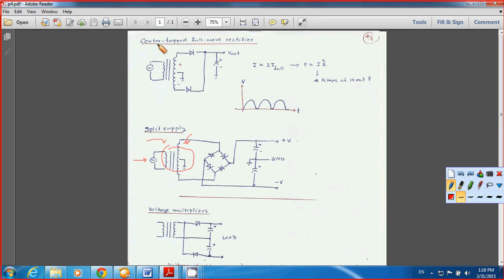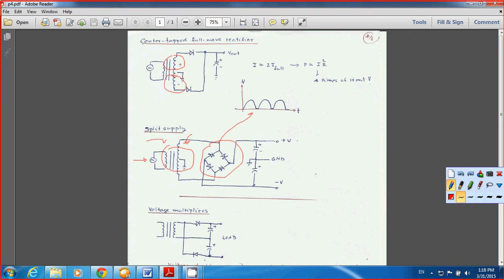So there's another type of transformer. This is what we call a center tap transformer here. You break it apart, and there are 2 parts of the transformer on the secondary side. This one I just mentioned is, if you use, like, this is the full wave rectifier, right?